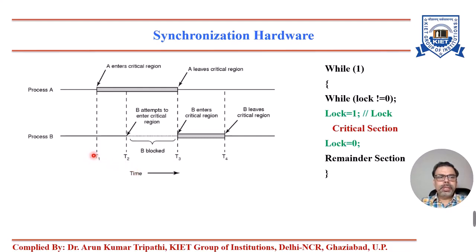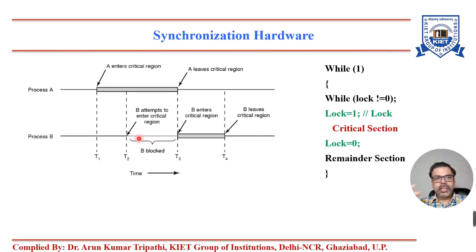Suppose that at the time t2 process B arrives. Now it tries to check the lock. The lock is enabled, so this process cannot enter into the critical section. But it continuously checks whether the lock is disabled or not.